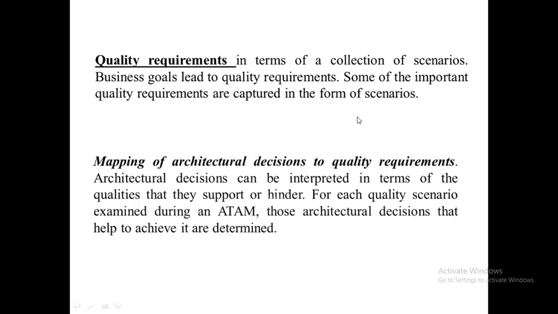Okay. Next one, mapping of architectural decisions to quality requirements. If you want high-level quality characteristics, your architecture should automatically also be strong. Whatever quality requirements the organization or the consumer gives, you need to change your architecture accordingly. If your architecture is not able to cope with those requirements, then either you ask them to change their requirements, or you change your architecture.